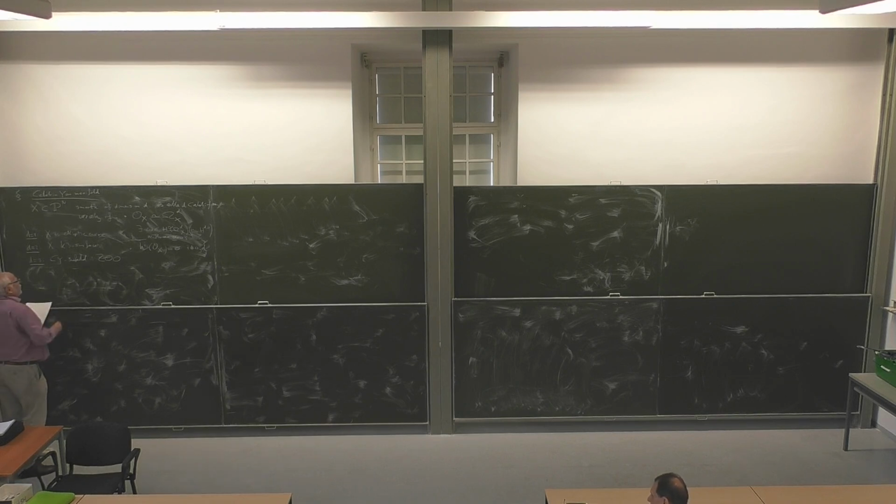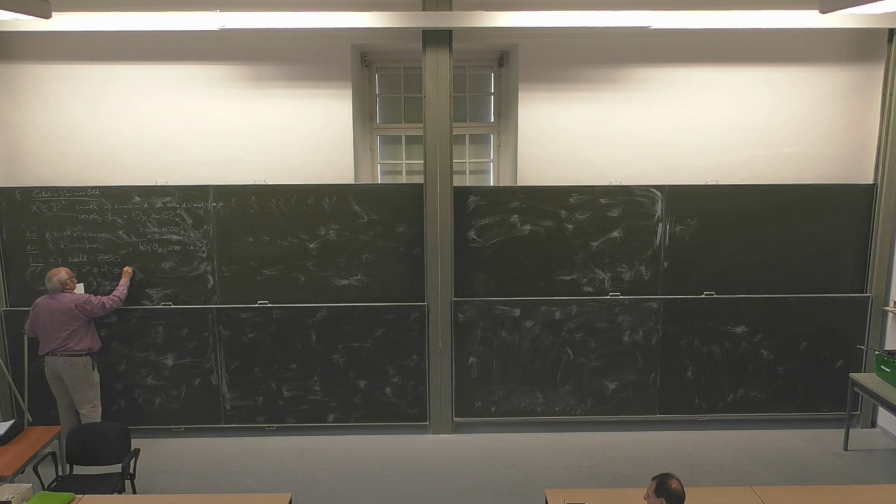So the Hodge diamond of the Calabi-Yau threefold, the interesting group is H3, and it will have Hodge numbers H^{3,0} plus H^{2,1} plus H^{1,2} plus H^{0,3}.